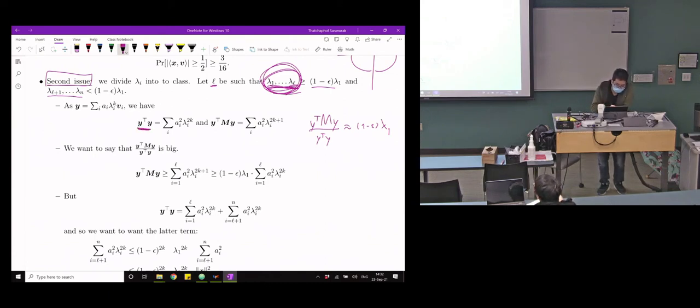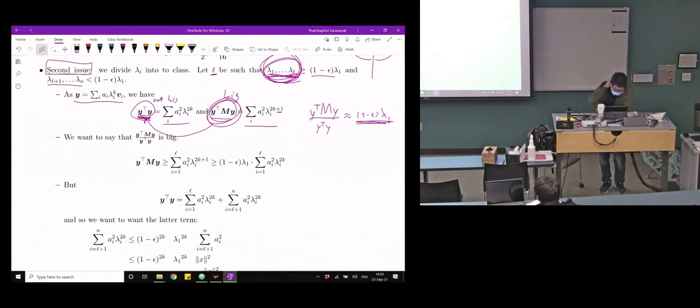So y times y is exactly this thing, because y can be written this way, and y times y is this. Like you have plus 1 here. All right. And I'm going to say that this guy is big and this guy is not too big. Big and not big. So this should be bigger than this one by this factor.